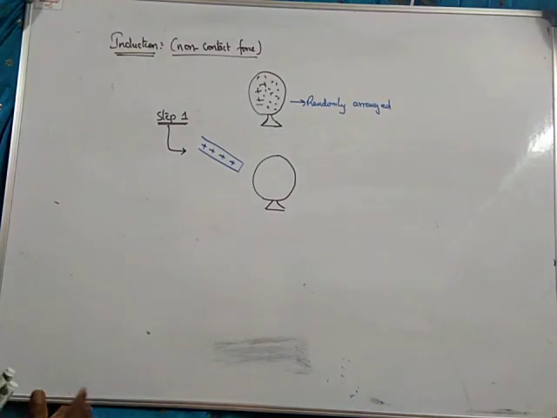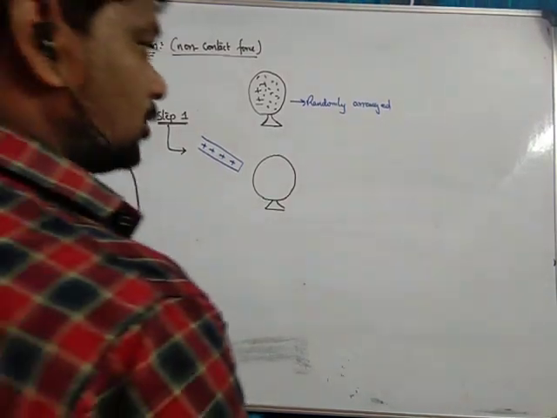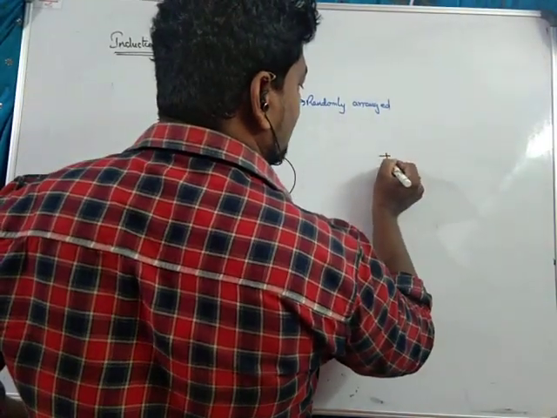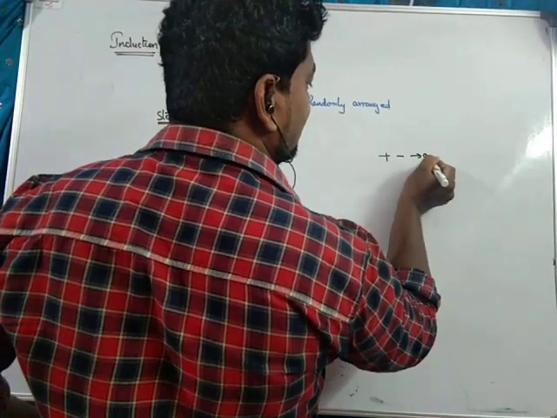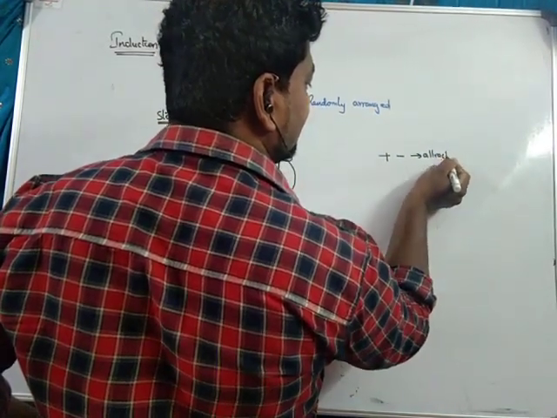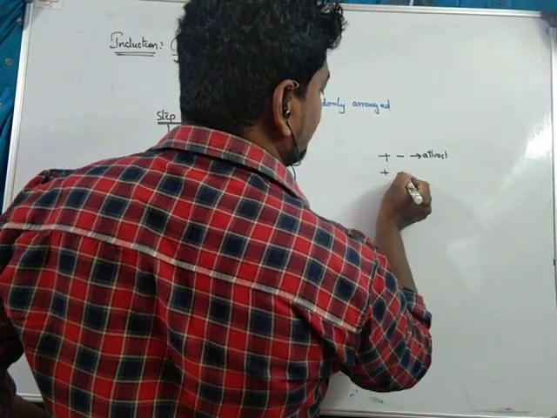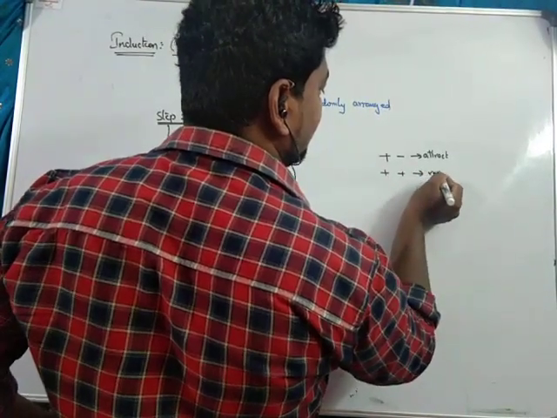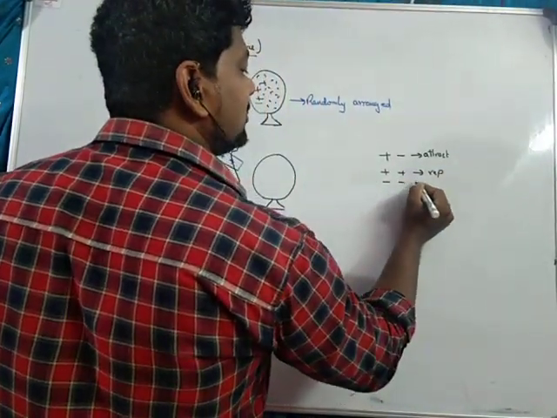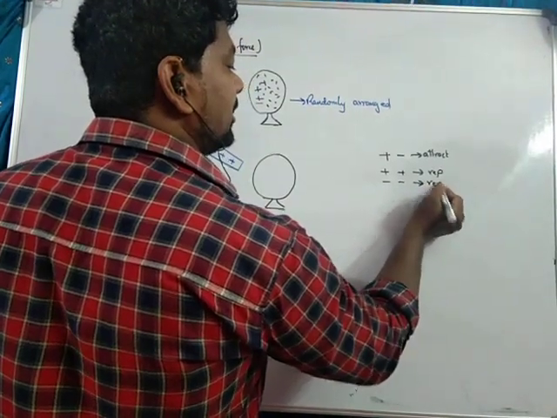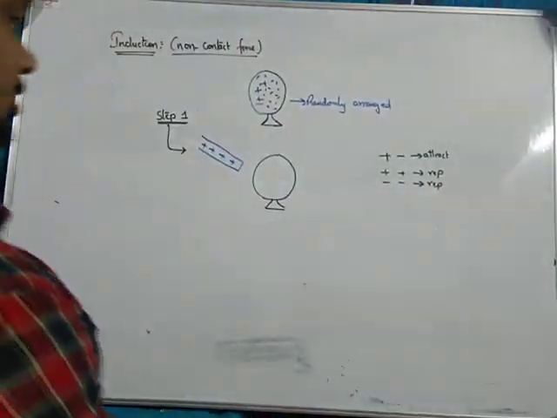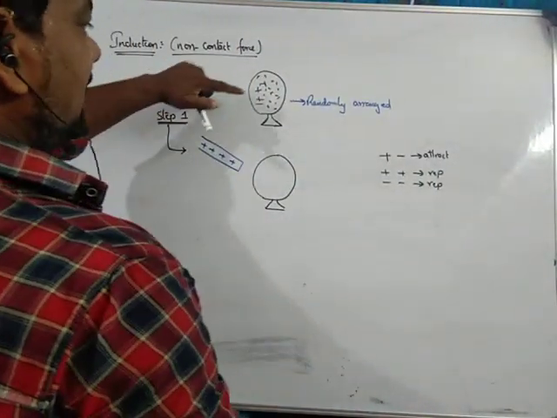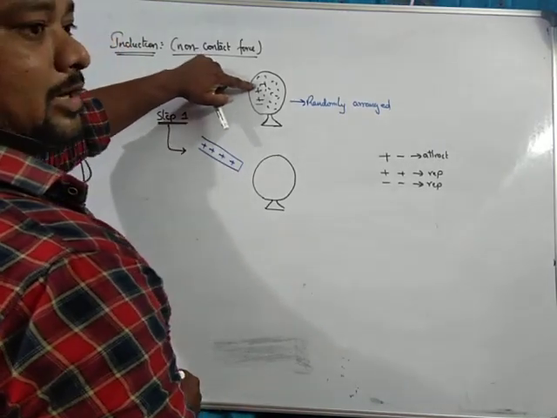But whenever we place a positive charge, we already know positive and negative will attract, and positive will repel positive. Similarly, negative also repels negative. Based upon this concept, here we have both positive and negative charges.